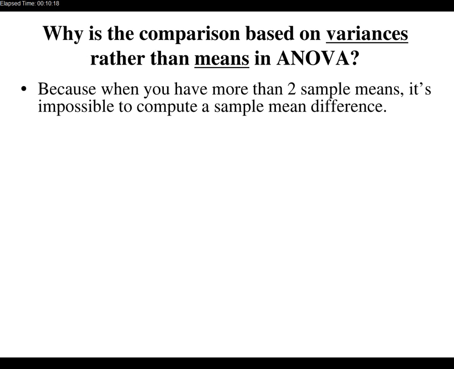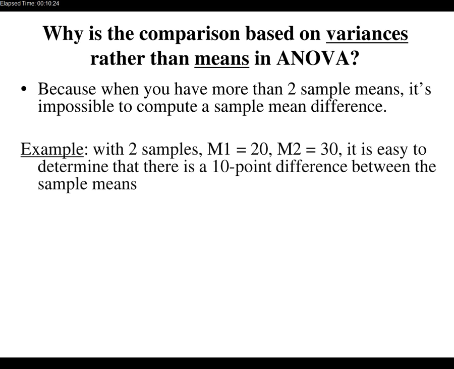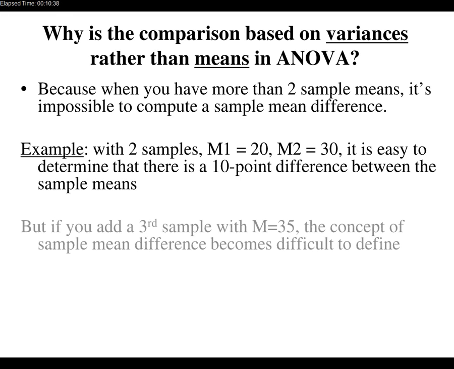Because in a t-test, we have two sample means, and you could compute a sample mean difference, all right? Here's an example. Let's say we have mean 1 is equal to 20 and mean 2 is equal to 30. All right, it's easy to determine that you got a 10-point difference between the two sample means. But what do you do if we add a third sample mean, like 35?